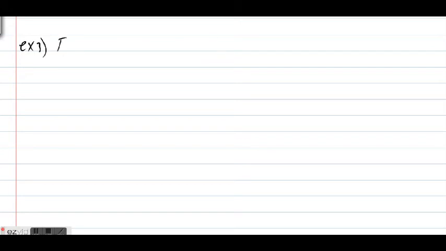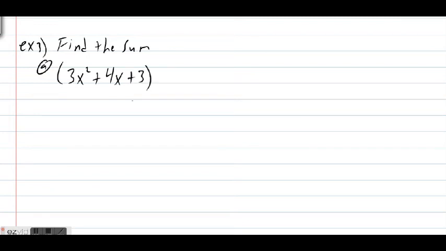And example 3, find the sum. So I'm going to give you some polynomials. 3x squared plus 4x plus 3 plus 2x plus 5x squared plus 1.